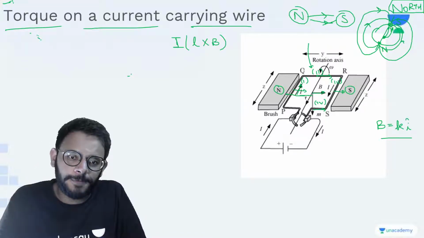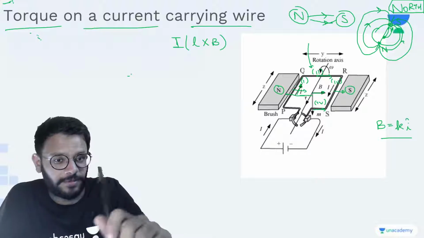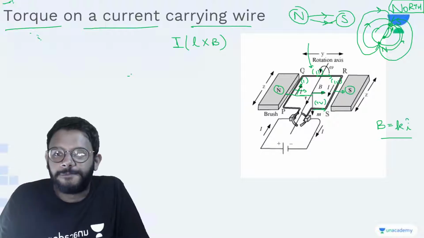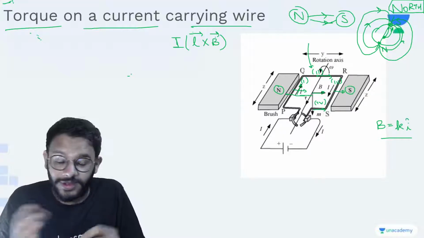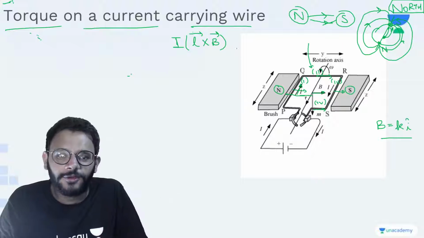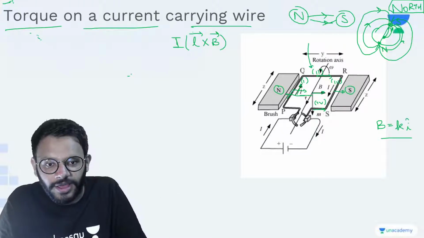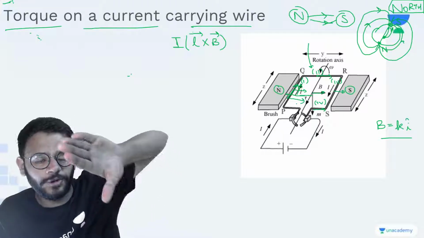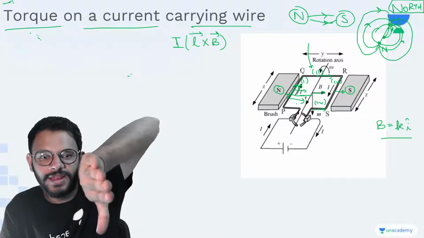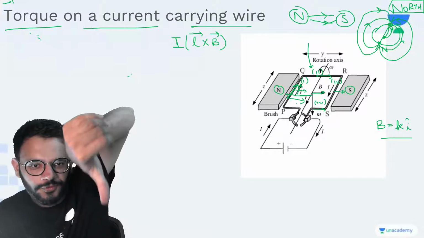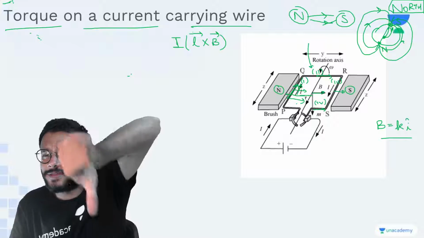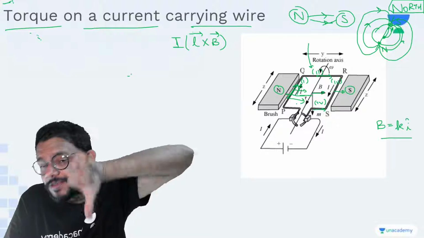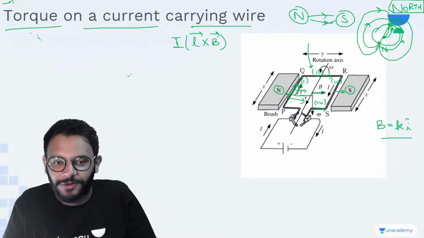So अगर current I straight जा रहा है उस conductor में, then I also know that there's going to be a force given by this formula of Lorentz, which is I into L cross B. So L is in the direction of my current carrying wire. अगर L सीधा है and B is towards the right, then I'm going to keep my hand towards my L, curl it towards B, and the force on that wire is given by my thumb, which is right below, और वो नीचे की तरफ जा रहा है towards the center of the earth.